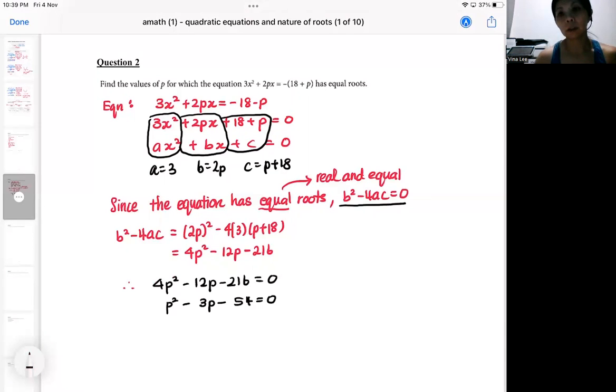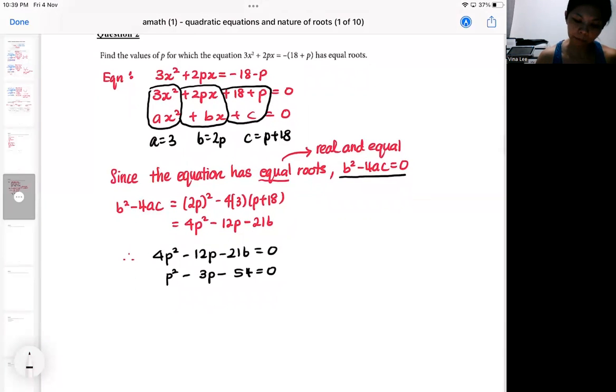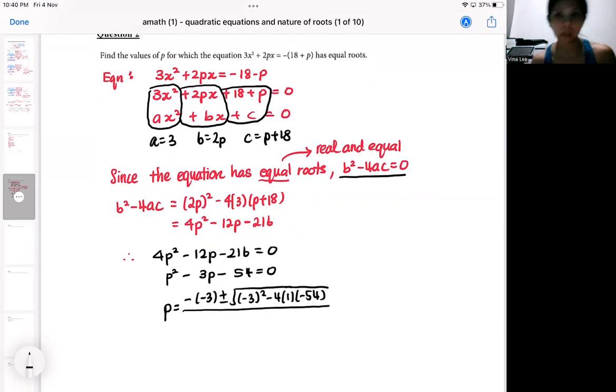Can you still use your quadratic formula? Yes, you can still use the quadratic formula. So I'm going to use the quadratic formula to solve for p. Why can I do that? Because this is a quadratic equation. Right now, the quadratic is in p. If I use the formula, it will help me to solve for p.